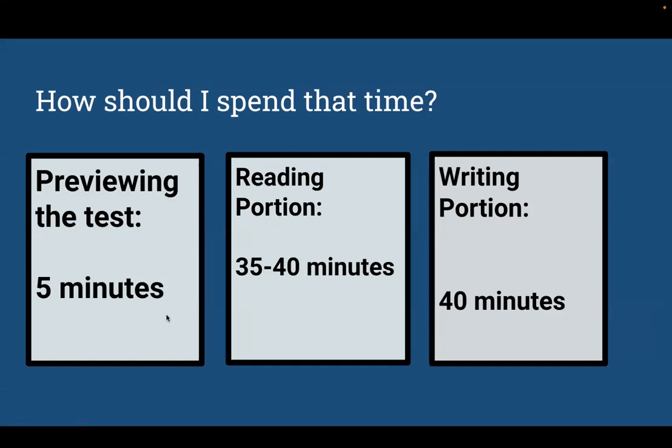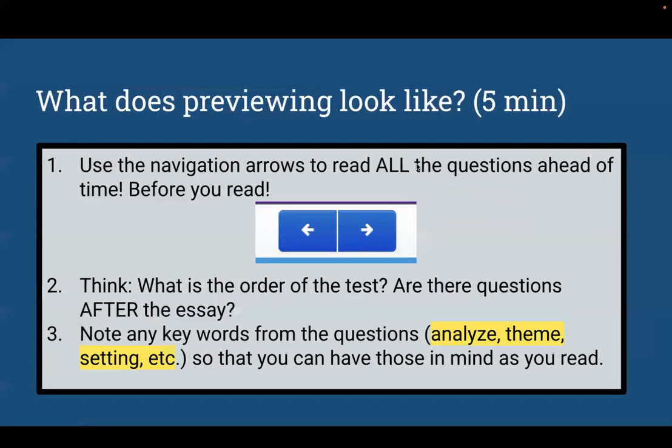The reading portion is 35 to 40 minutes, and you should allow yourself 40 minutes for the writing. I know you're working on the writing in your other classes, but you do want to leave yourself a really good amount of time so you can go through the writing process and show all of your really amazing skills there as well. So this is a general breakdown. There'll be one session on Monday and one session on Tuesday, and they're each 90 minutes.